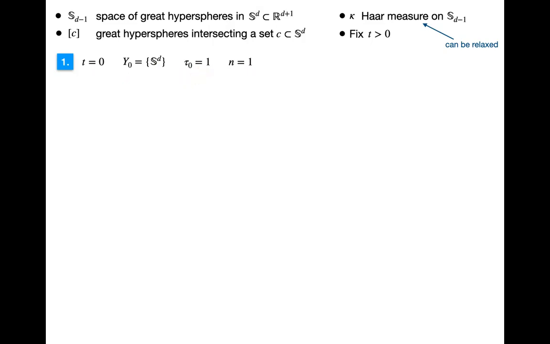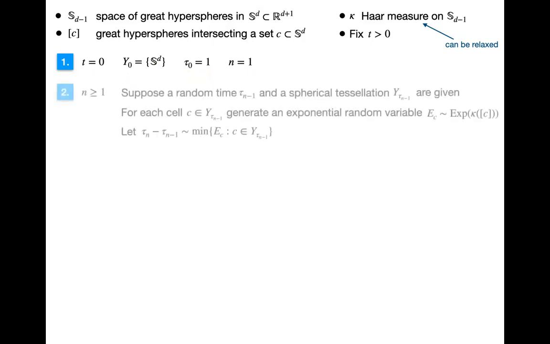This is the initialization of this algorithm. Now whenever this counter n is bigger than or equal to 1, we suppose that a random time tau n minus 1 and the spherical tessellation Y tau n minus 1 are already given to us.